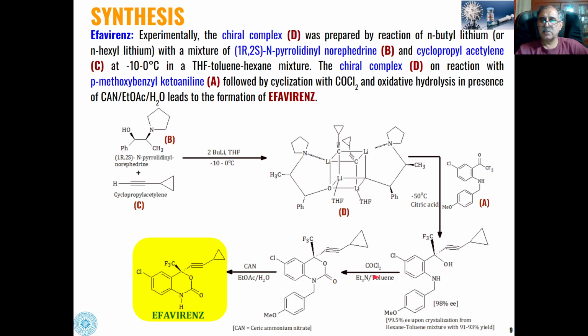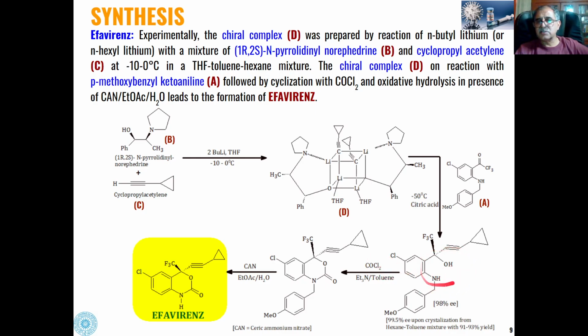When this alcohol is reacted with COCl2, basically what will happen is, one H from here, one H from here, and both the halogen groups, one Cl will go with this H and one Cl will go with this H, and CO will get attached to oxygen and nitrogen.